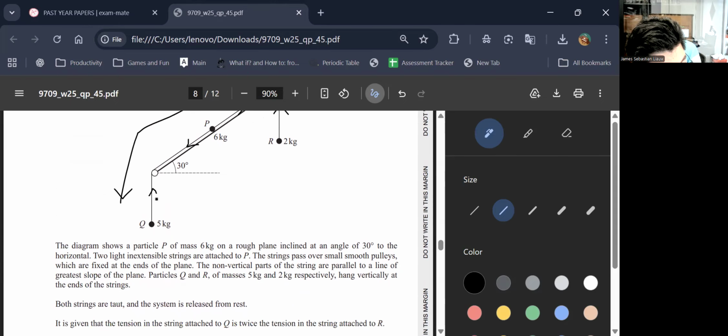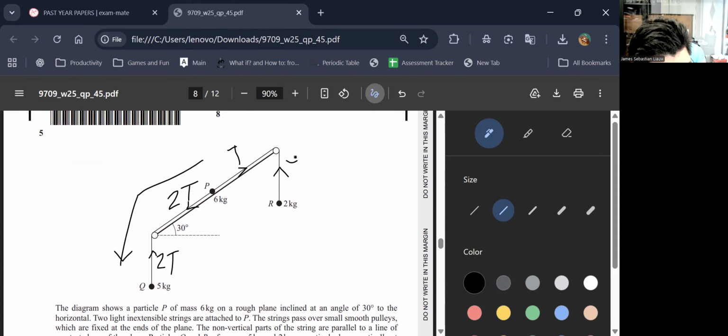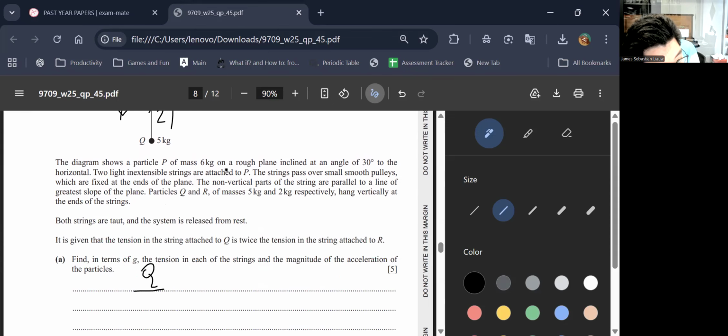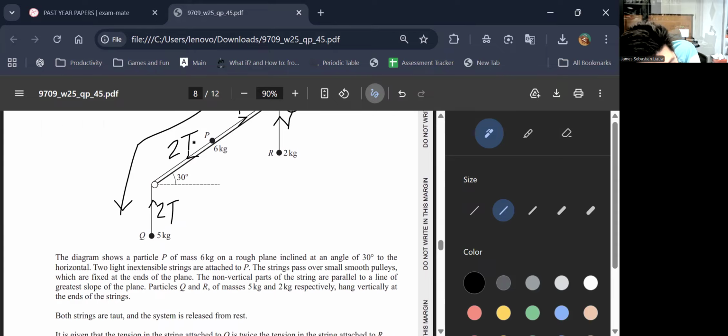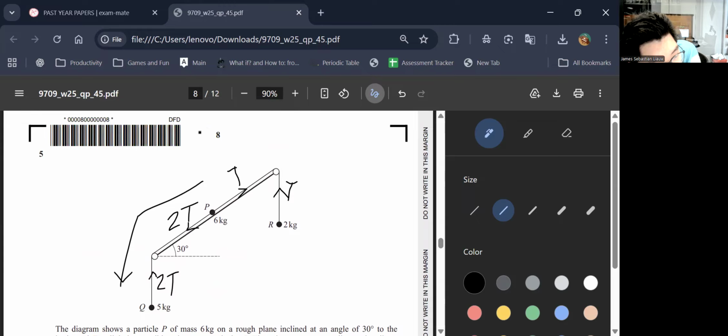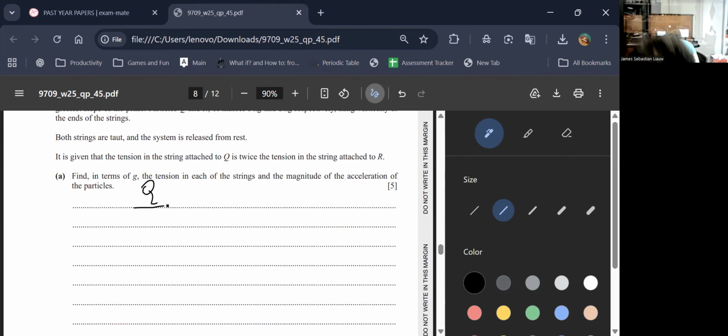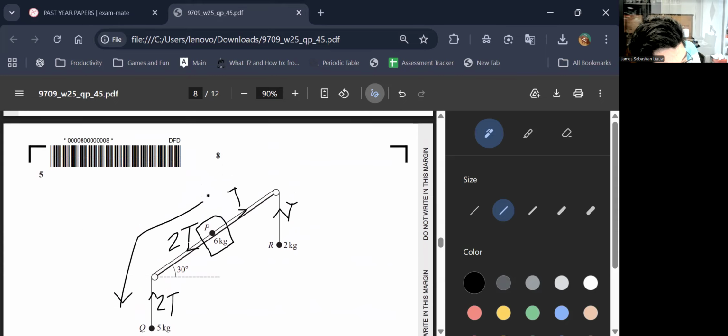The tension is double, so this is 2T and this is 2T, and this is T and this is T. For now we can ignore P, because the acceleration of P, Q, R are all the same. So we ignore P for the moment. You focus on Q and R.